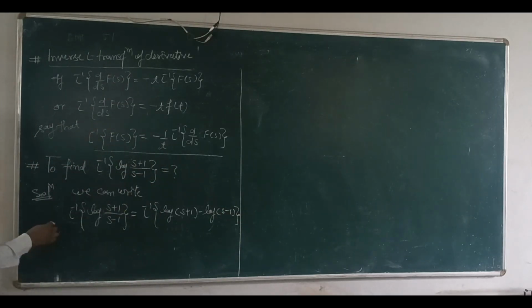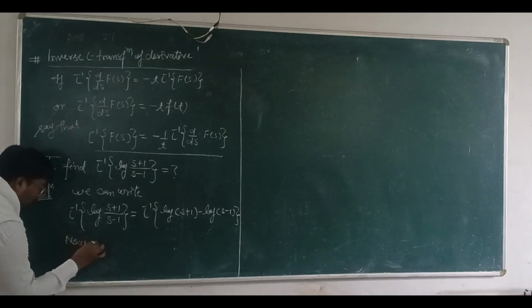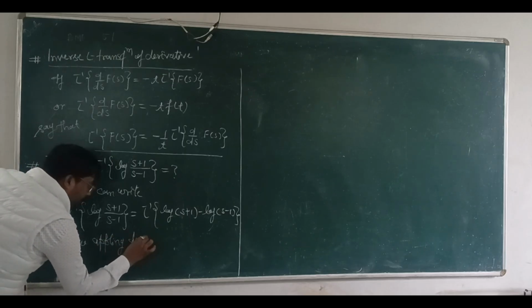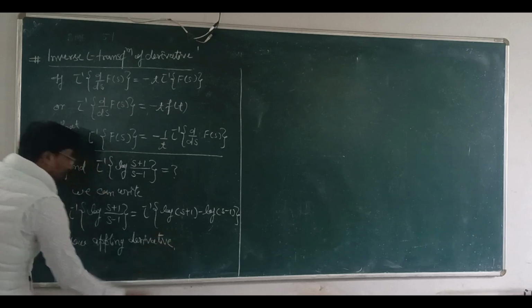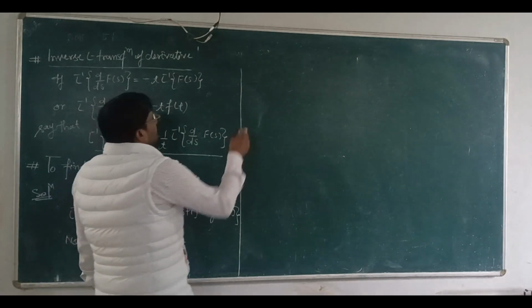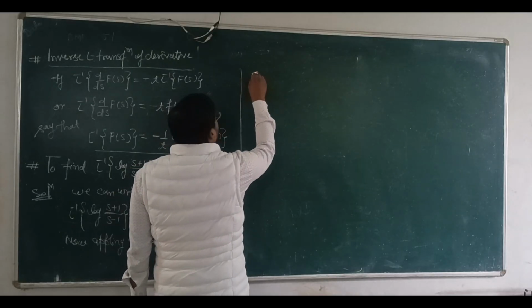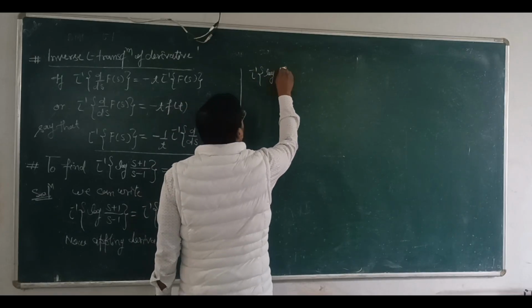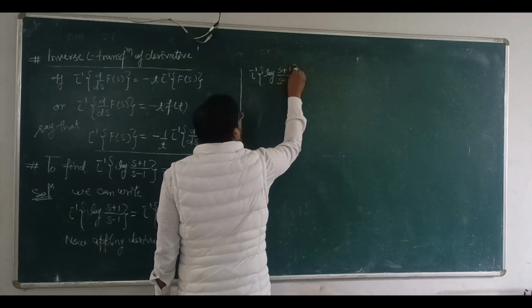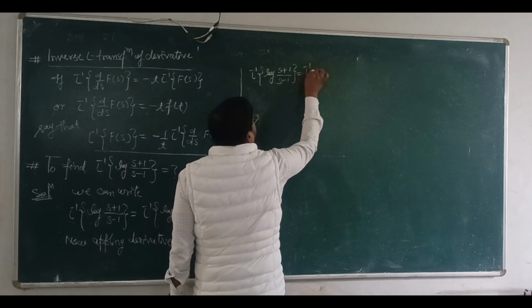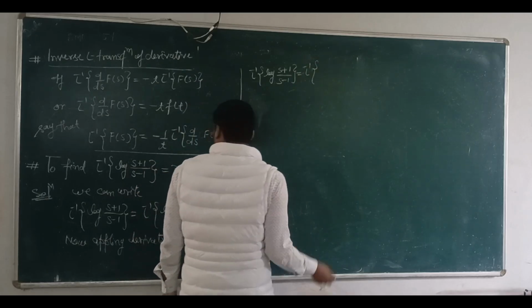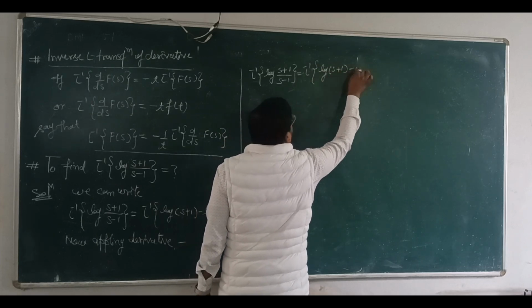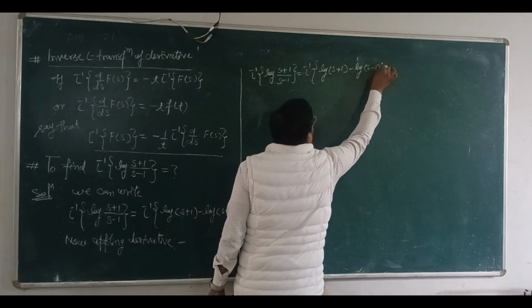Now applying the derivative. L inverse of log (s plus 1) upon (s minus 1) is equal to L inverse of log (s plus 1) minus log (s minus 1).